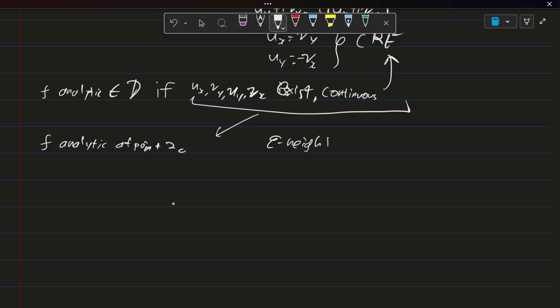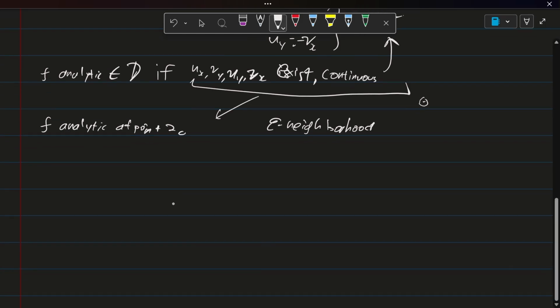What does it mean to have an epsilon neighborhood? If you take a point and then take a very small circle with radius epsilon, there exists an epsilon such that the domain has to be analytic. And this is what it means for a point to be analytic: it must be analytic for this very small domain.